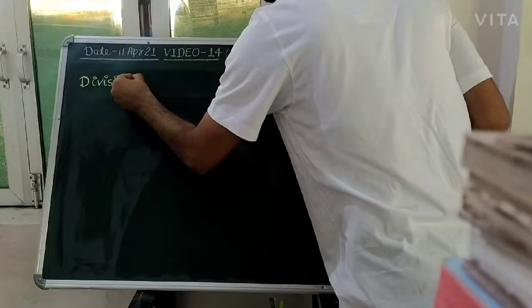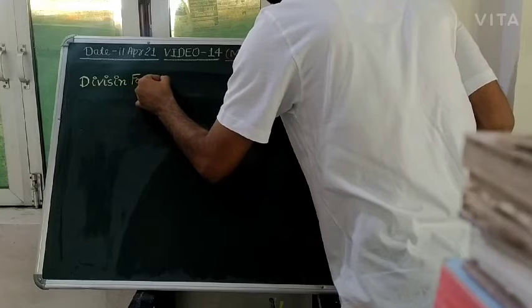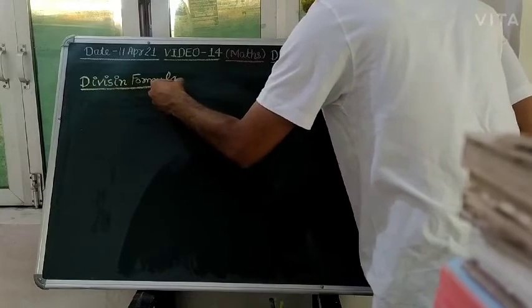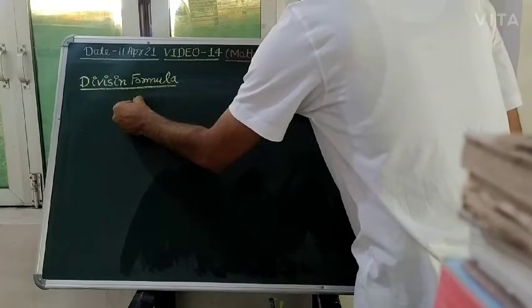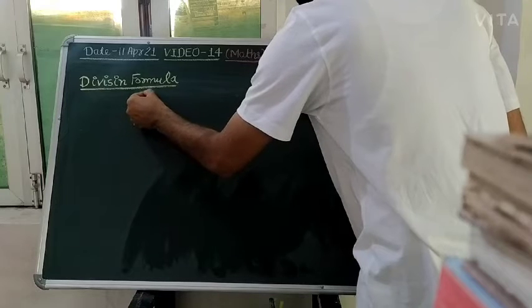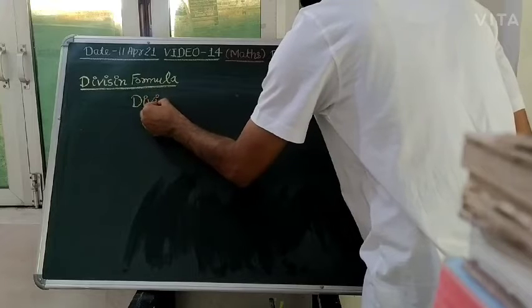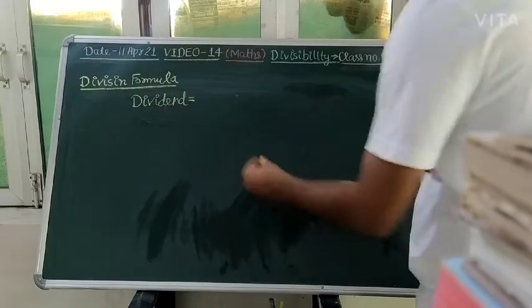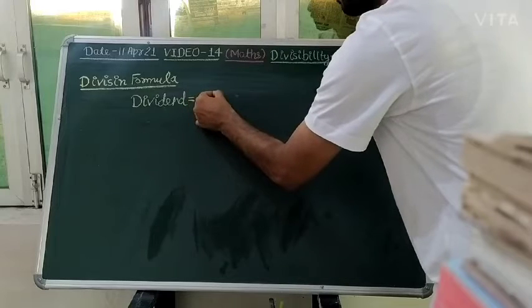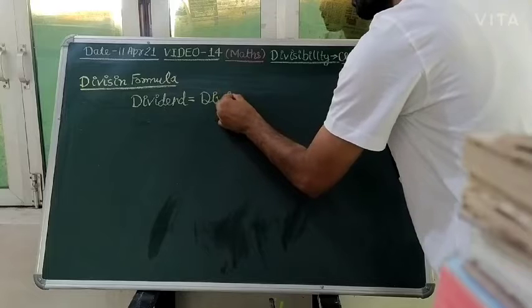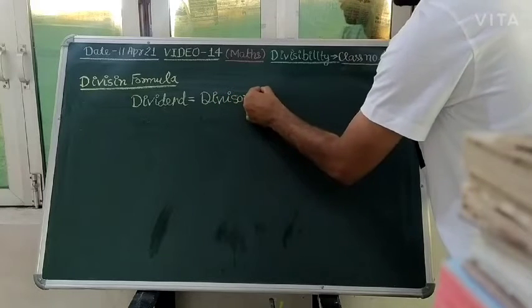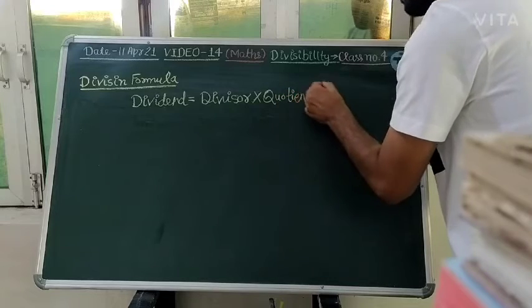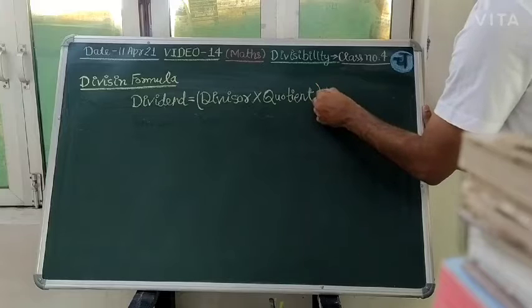That division formula was that our dividend will be equal to divisor into quotient plus remainder.